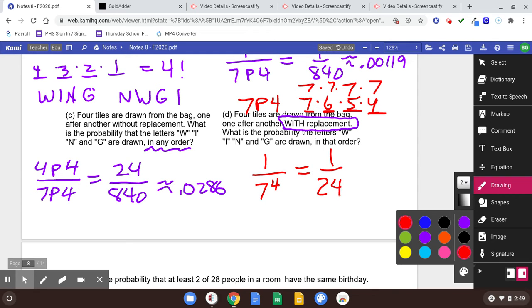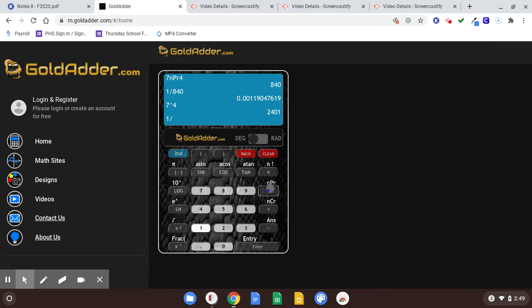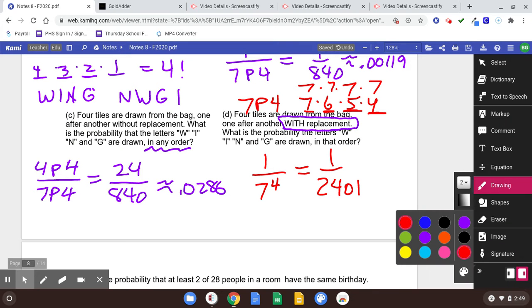So 1 over 2401. If you want to leave it as a fraction, that's fine. Or as a decimal, 0.000416 would be good. Either way.